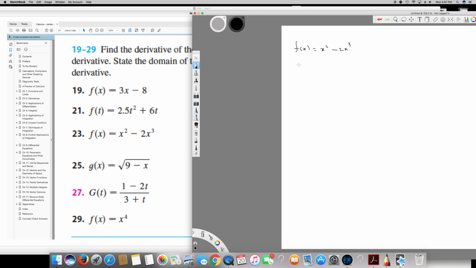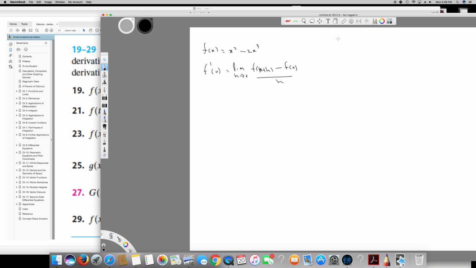Let's use the same equation right here. f'(x) is going to be the limit as h approaches 0 of f(x plus h) minus f(x) over h.